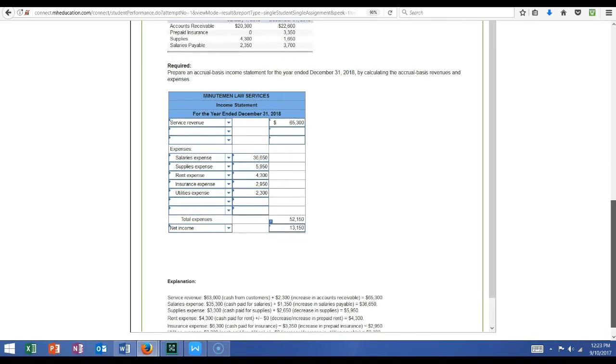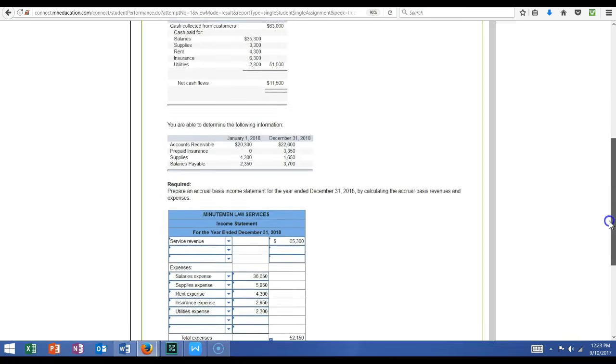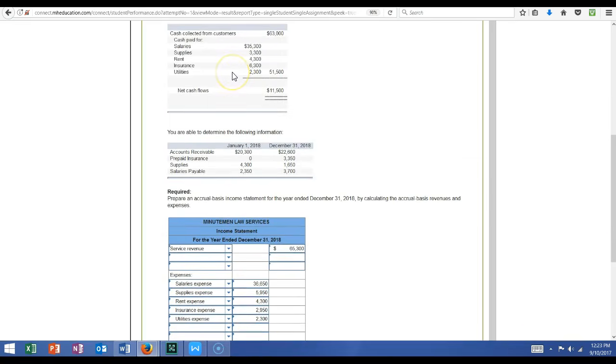Our insurance expense is going to be similar to what we did with supplies. Our insurance we paid $6,300 for. But then look at this. Our prepaid insurance was $0 at the beginning of the year.